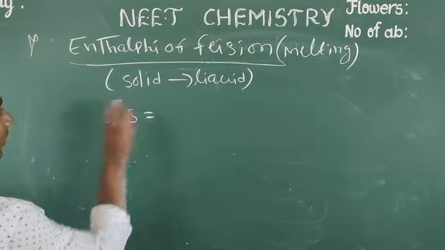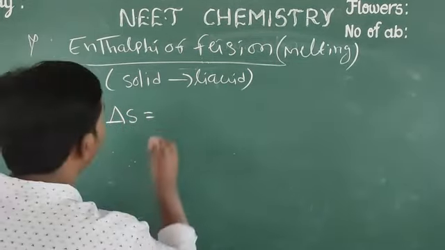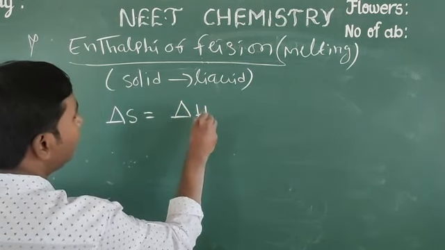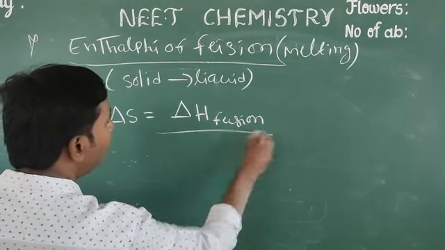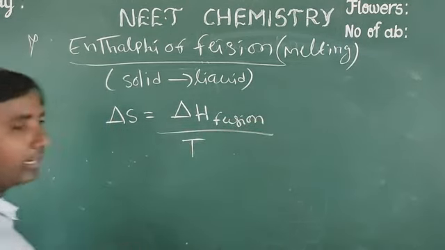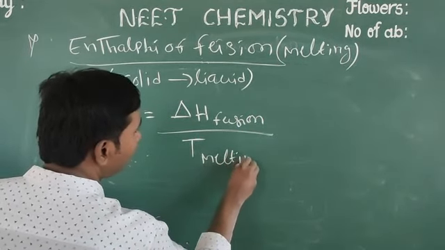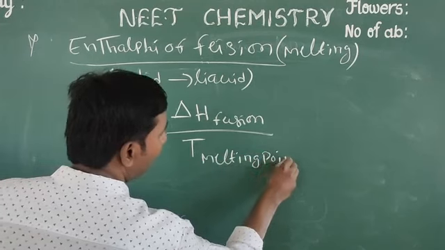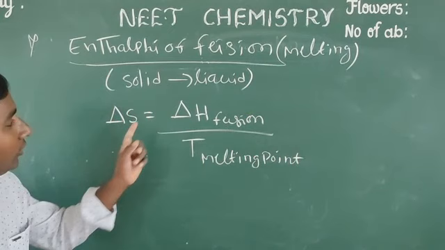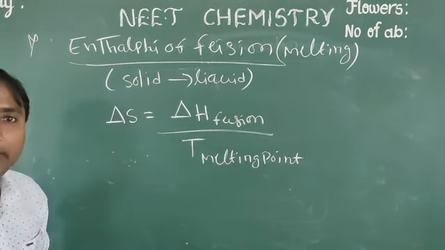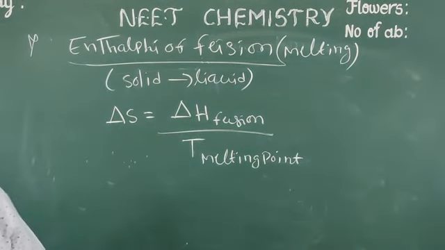Entropy change equals enthalpy of fusion by temperature, where temperature means the melting point. So entropy change equals enthalpy of fusion by melting point. Okay.